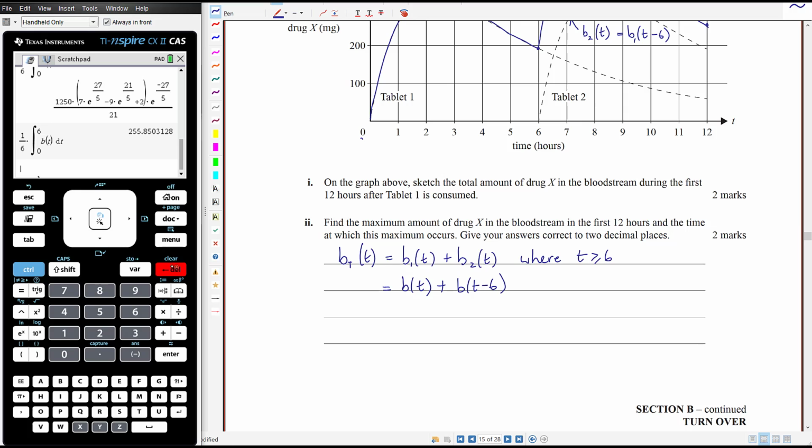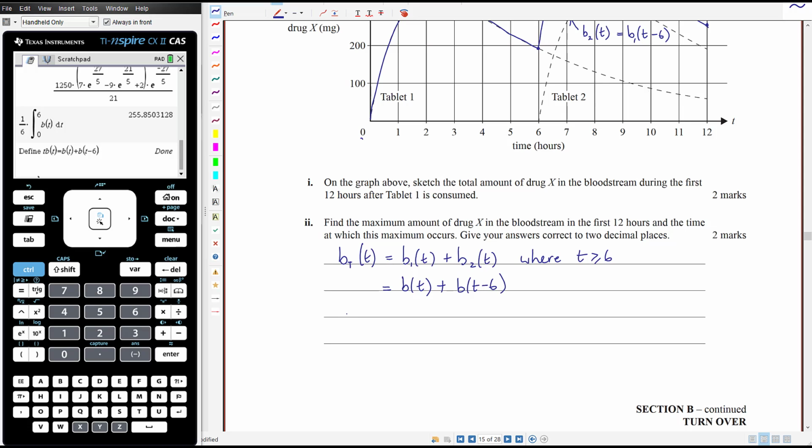So I'm going to define a function. Total B of T, which is just B of T, which I've already got defined, plus B of T minus 6. But we're only looking at that where T is bigger than 6. We want the maximum amount of drug X in the bloodstream, so we want to maximise that.